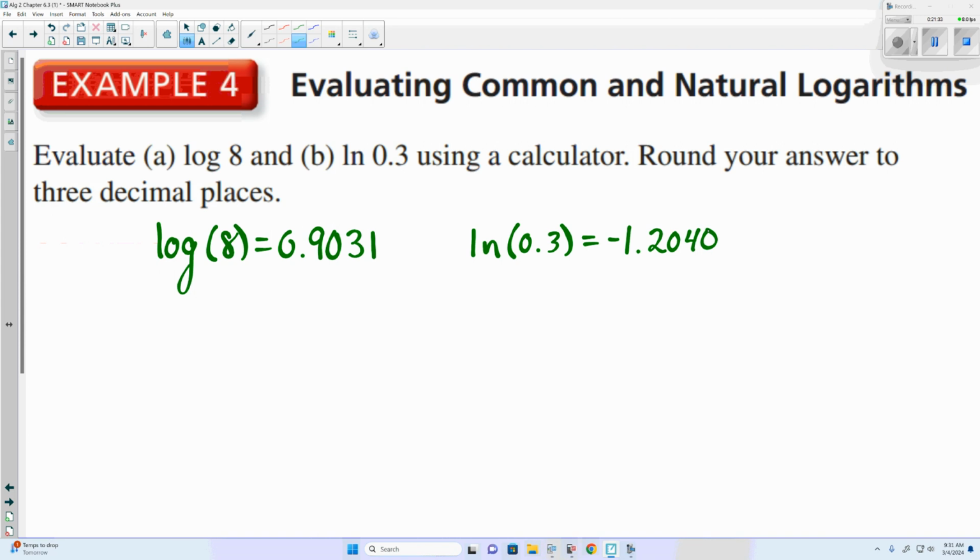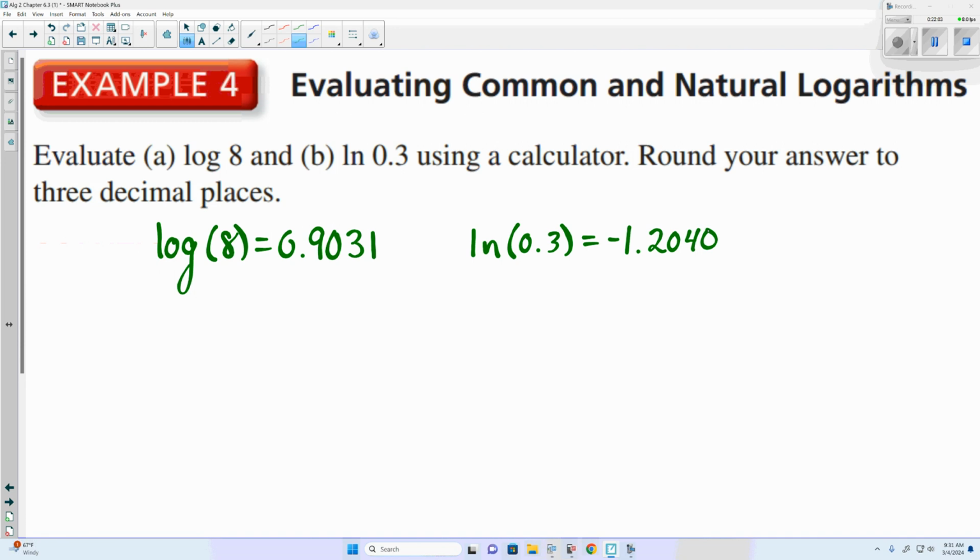We'll go 4. Either one works. Yep, ln is right. It's normally put right next to the log button. They always put those two right next to each other. So if it's our common log, so the base is not written for our log, we can just use the button.